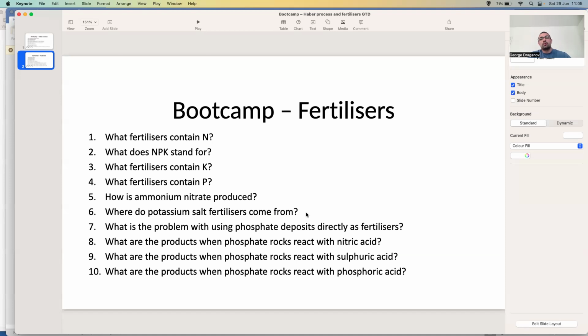From mining rocks from the ground that contain potassium chloride and dissolving in water. Insoluble in water. And these are the ones we just did. Okay, so calcium nitrate and phosphoric acid, calcium sulfate and calcium phosphate, and then just calcium phosphate. These 3 points. So practice this, and it's a good way to see if you've learned everything.